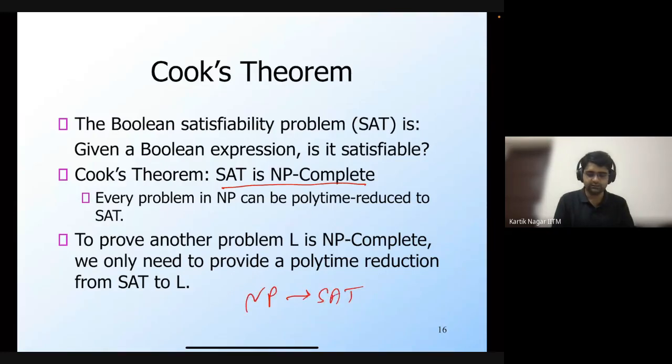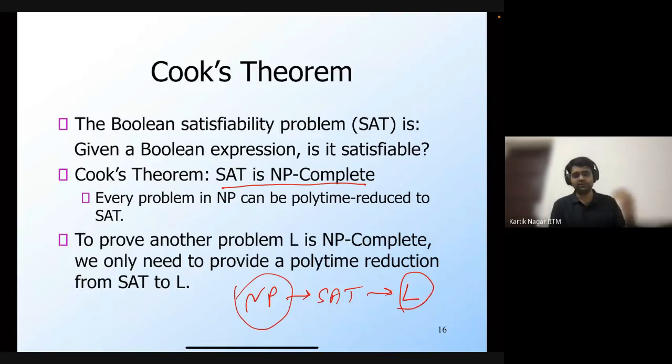So if you can show that SAT reduces to L, then if you have a deterministic polynomial time algorithm for L, you will also have a deterministic polynomial time algorithm for any problem in NP. That would mean that P is actually equal to NP. So you need not worry about showing a reduction from every problem in NP to your problem L if you want to show that L is NP complete.